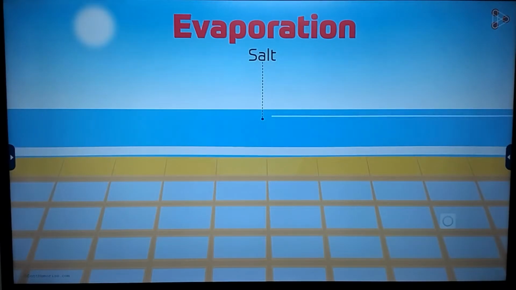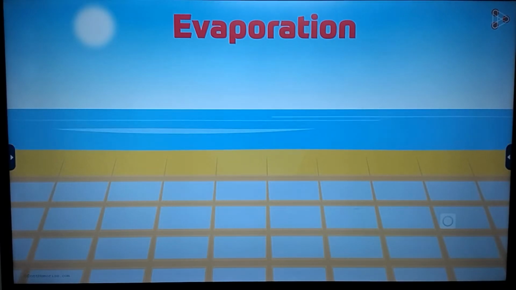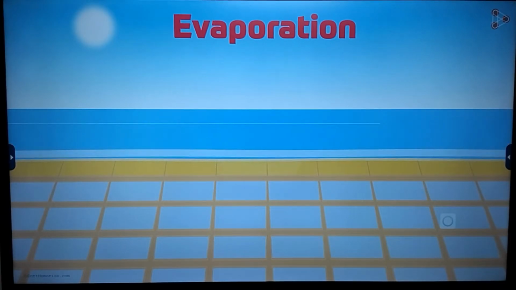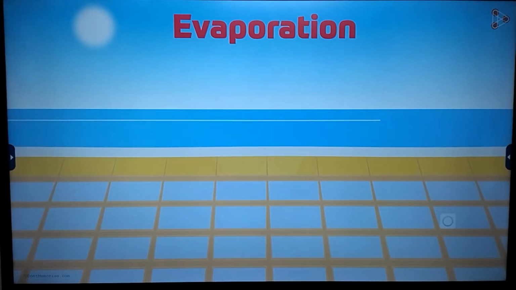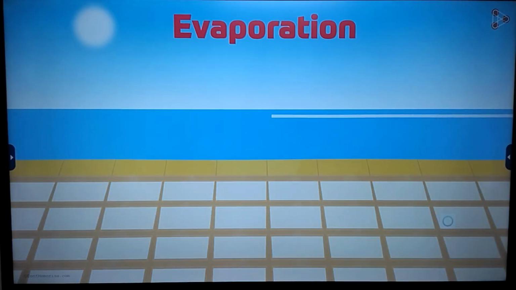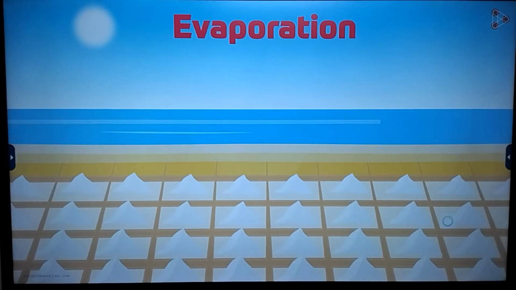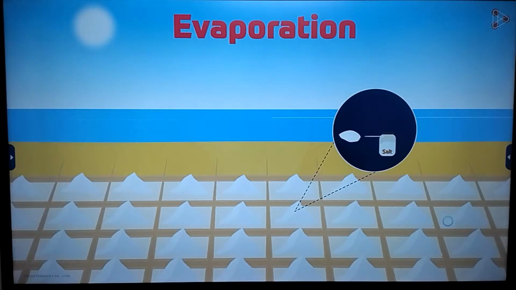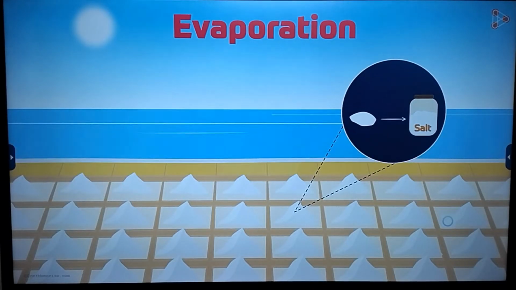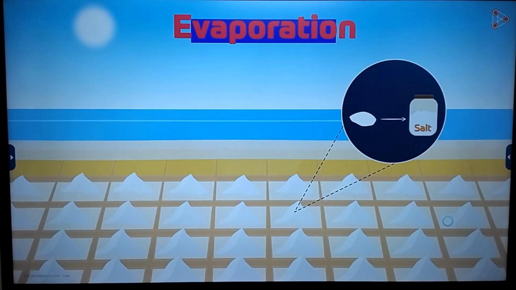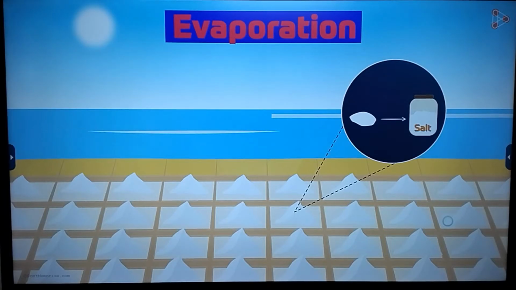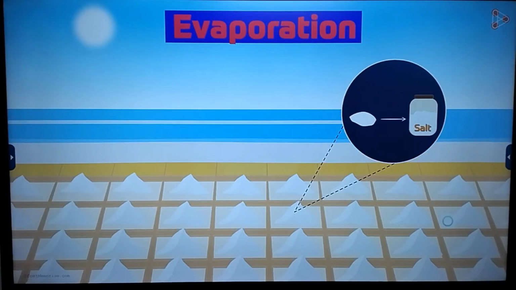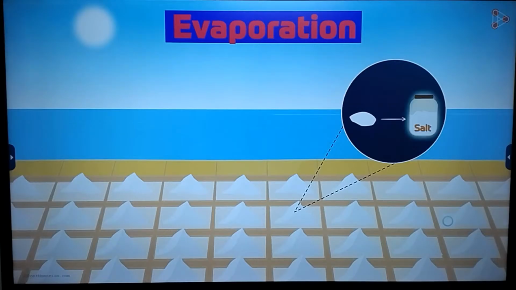Yes, we can. Seawater is collected in large panels near the sea. When water from these panels evaporates, it leaves behind the salts dissolved in it. The salts can then be collected, purified, and processed further to obtain the common salts that we use daily.